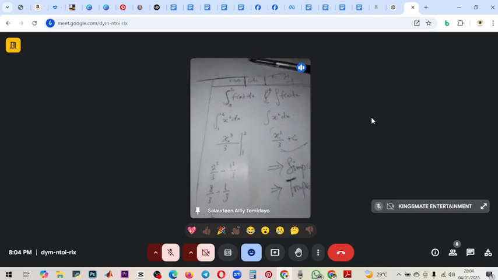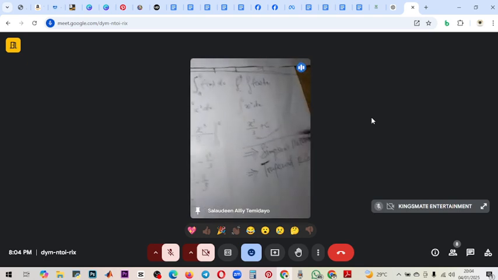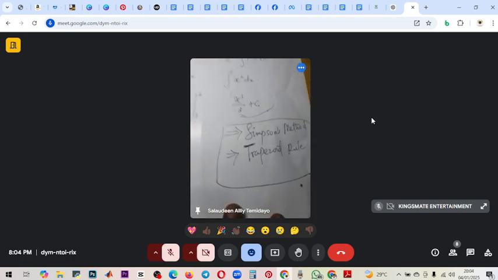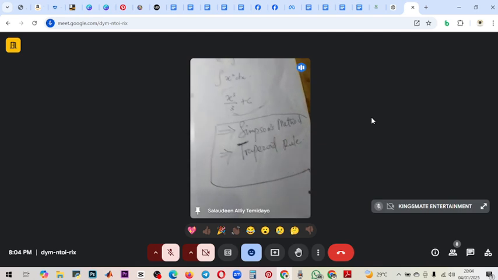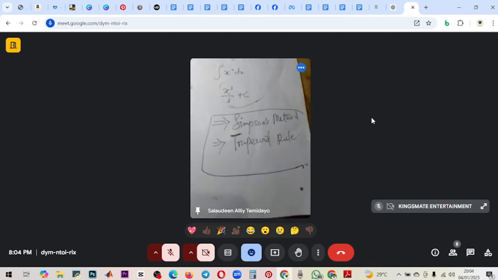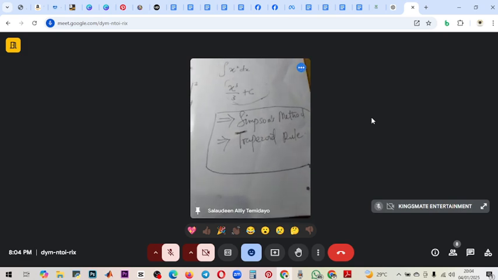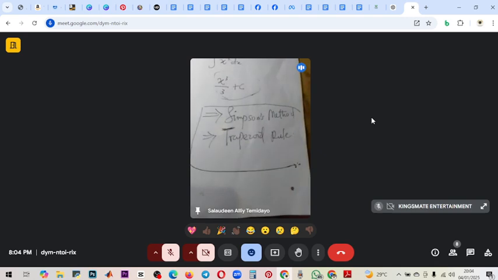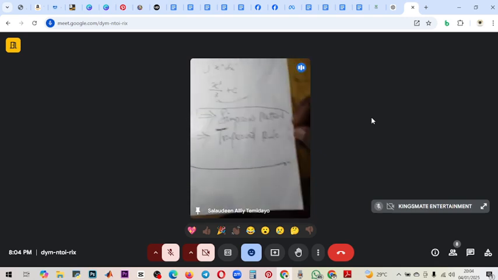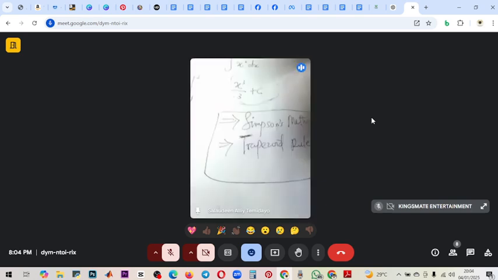But all these methods that you are seeing here are called the numerical methods of integration. We have so many: Simpson's rule, the trapezium rule, the Newton-Raphson method, Cauchy's method as well. We have so many rules that can be used instead of this normal integration method.